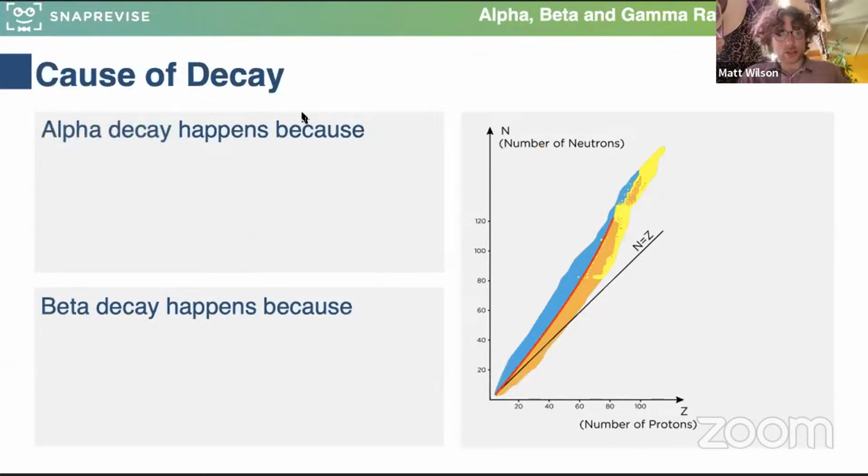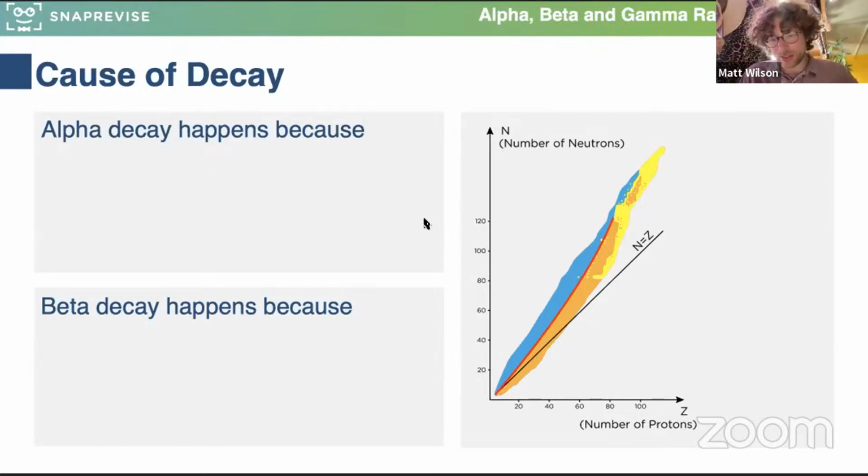So we're going to look at some causes of decay. And in some sense, you can really reverse engineer the thought here. So why would something go through alpha decay? Well, essentially, alpha decay is where some protons and neutrons break off. So the natural answer is that alpha decay happens when you have too many protons and neutrons. But too many for what? Well, too many to be what we would say stable. So let's be more clear about this.